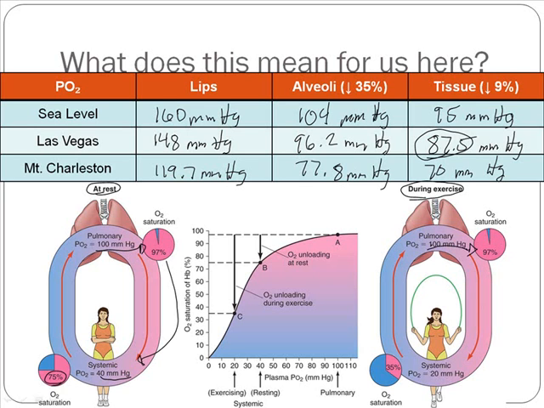The problem is now in the system you have a decreased PO2 because you now have an increase in cellular metabolism, because this girl here is jump roping. What that means is you actually lose more of your oxygen off of your red blood cell. But if you notice here, you don't lose all of your oxygen off of your red blood cell.